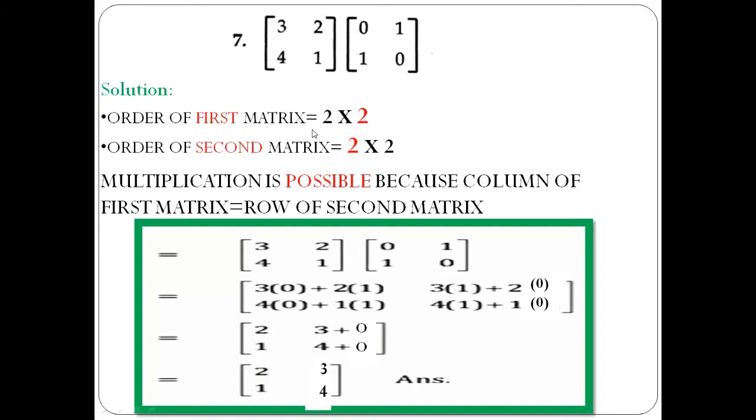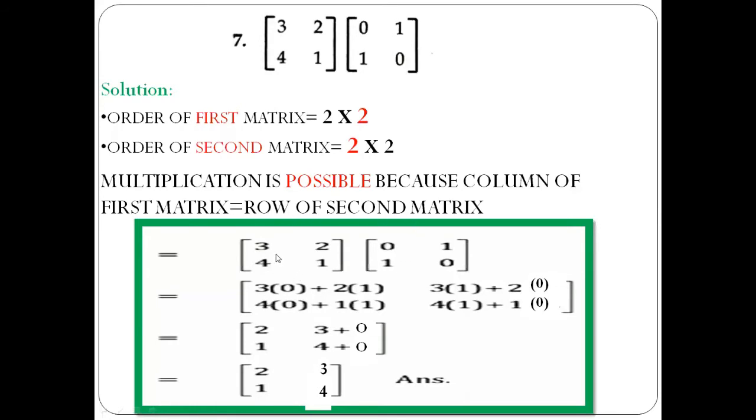The order of the first matrix is 2 by 2, the order of the second matrix is 2 by 2. The column of the first matrix is equal to the row of the second matrix, so multiplication is possible.